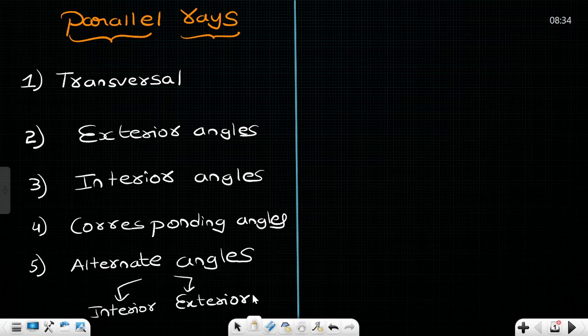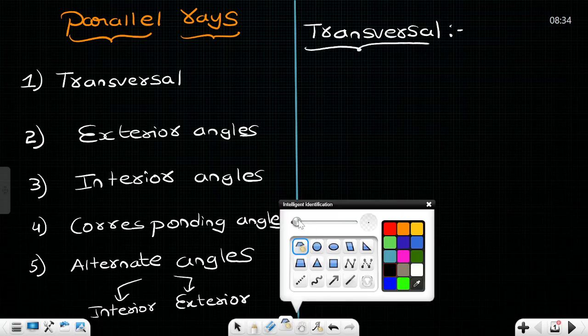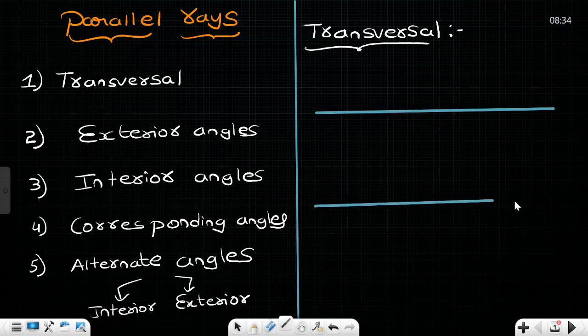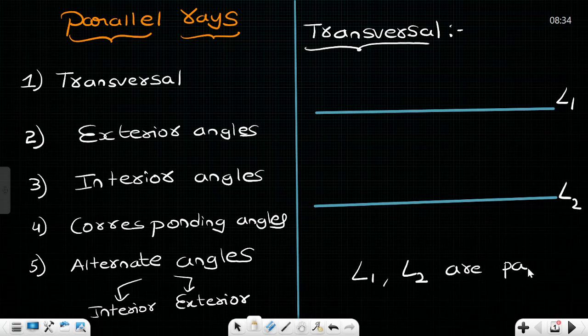Okay, now first of all, what is a transversal? When you take any two parallel lines, first they should be parallel lines. L1 comma L2 are parallel to each other.